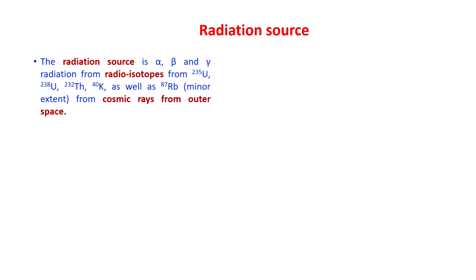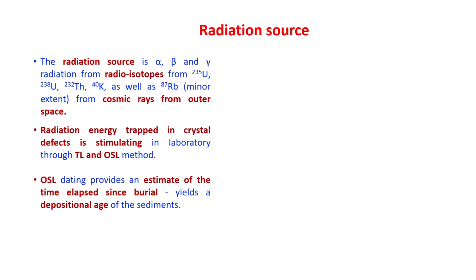Now, a little more information about this. When we calculate the age, we also take into consideration the cosmic ray energy, which also affects the overall energy stored. That is one of the reasons why we need to know the precise location where the sample has been taken.